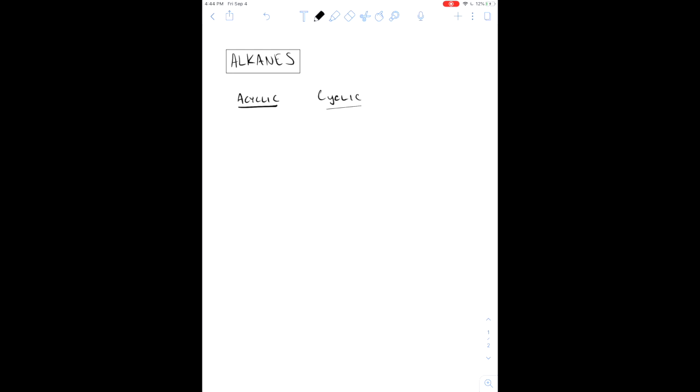Okay, and so the general chemical formula for acyclic alkanes is CnH2n+2. And for a cyclic, it is CnH2n, where n is equal to the number of carbon atoms, okay?